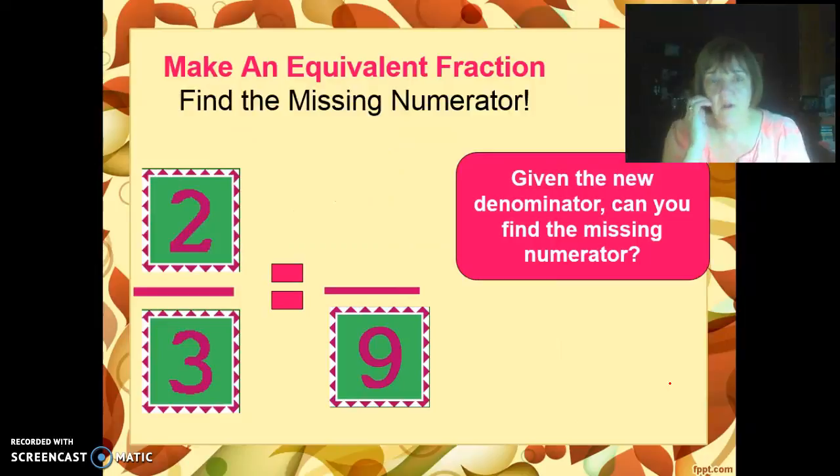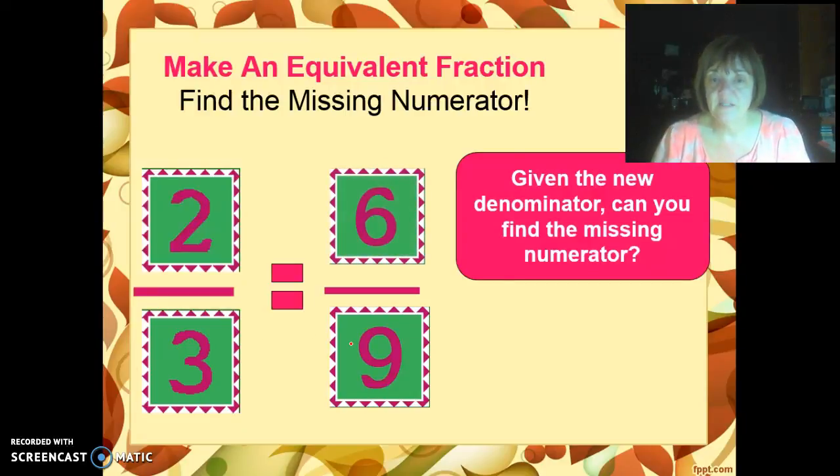All right, so let's see what happens here. Without having to draw the boxes, let's find the equivalent fraction by finding the missing numerator. We've got a denominator. What happened to this 3 to turn it into a 9? What number did I multiply the 3 by to get a 9? What's missing? Well, 6 is what's missing.